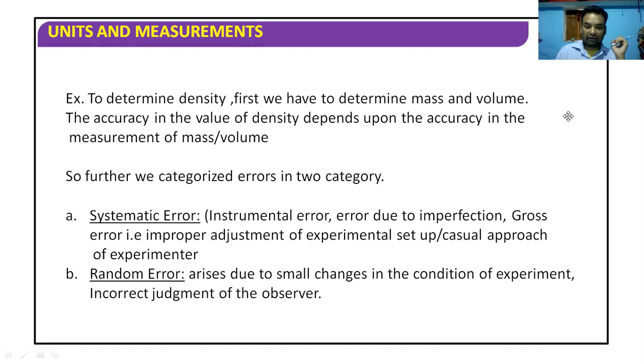The second error is error due to imperfection. Imperfection means, suppose we want to purchase a teapot, and already there is some heat loss in that teapot, in that kettle, so again that will give the imperfection.